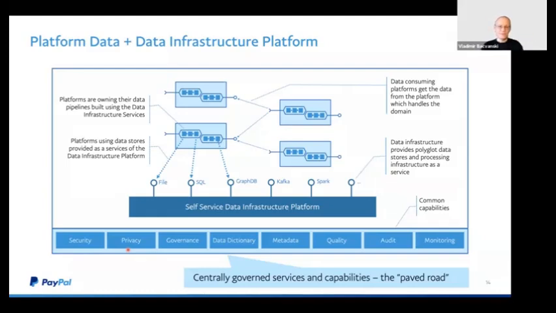You have, for example, GDPR regulations, you have notice and consent, you have the right to be forgotten, data subject rights, you have the governance for privacy. You have various rules. How do you deal with data in the organization? All of these need to be defined by the centralized organization, and they need to be put in place. So the platforms are using these capabilities, and they are in sync, following the practices for the enterprise.